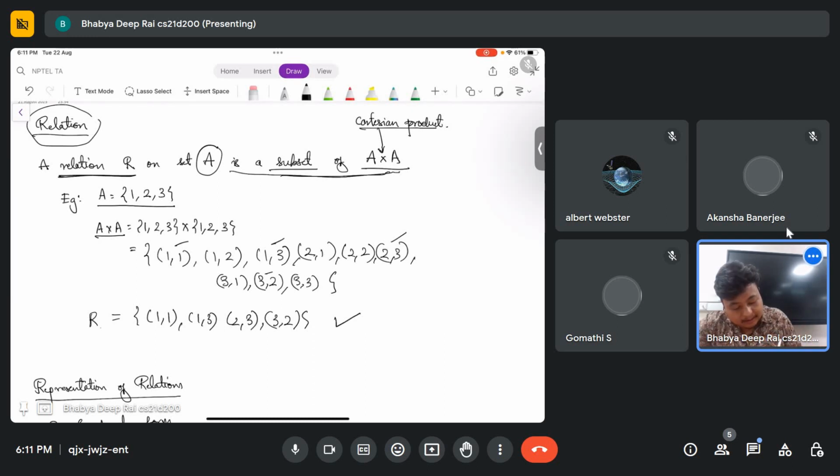Now let me call this R1 and let me write R2 as 1 comma 1, 2 comma 3, 4 comma 3. This is still a relation actually, but it is not a relation on the set A. Why?